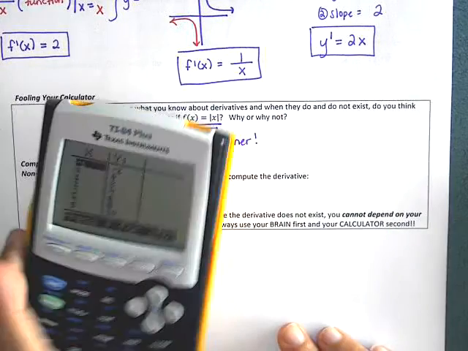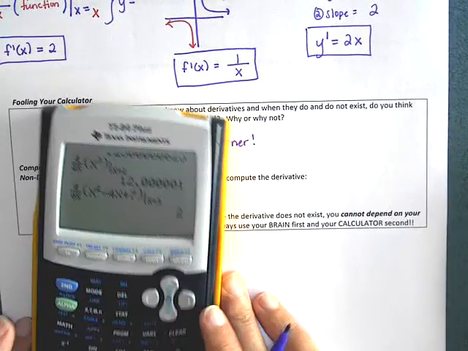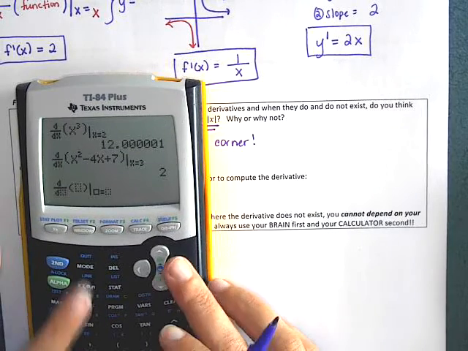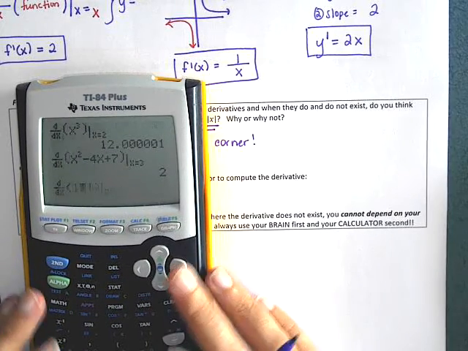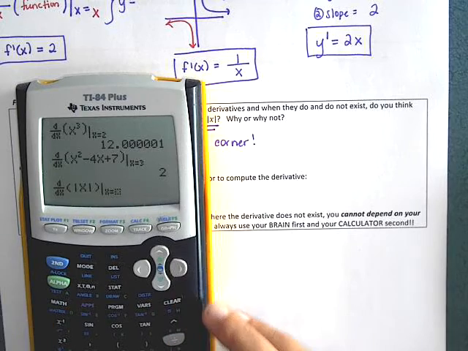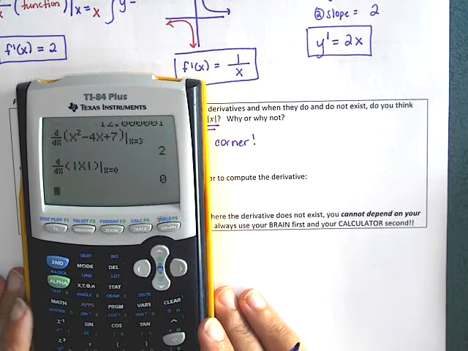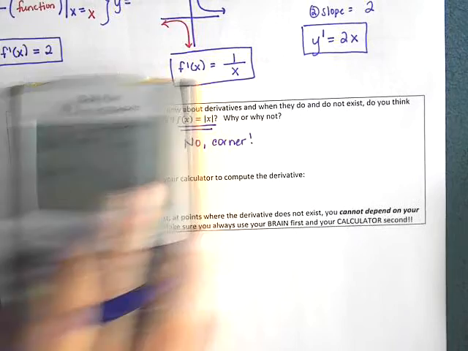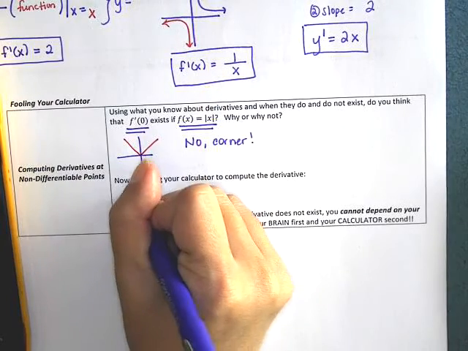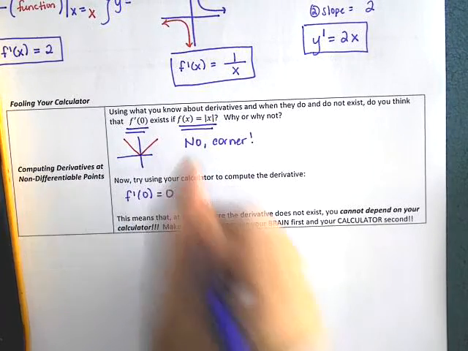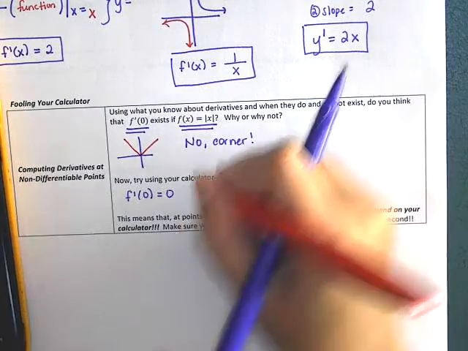But if we go to our function on here, and we do math option 8, and we say, hey, please take the derivative of this absolute value function at x equals 0 for me, my calculator is going to say, oh, the answer is 0. Liar.